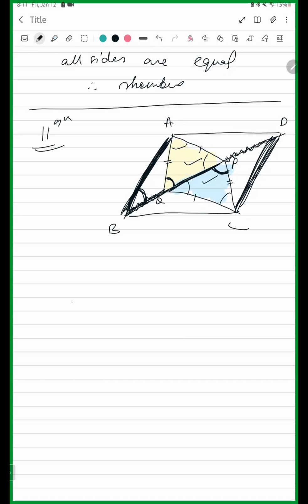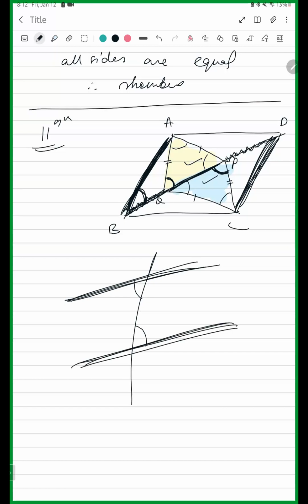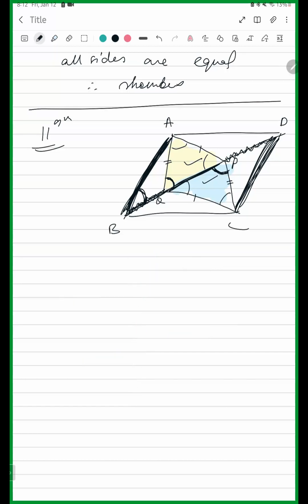If you have any two lines, and we don't know if these two lines are parallel or not, and there is a transversal between those two lines, and you come to know that these two angles are equal, then that means these two lines must be parallel. So we came to know that this angle is equal to this angle. That means these two lines, AQ and PC, must be parallel.